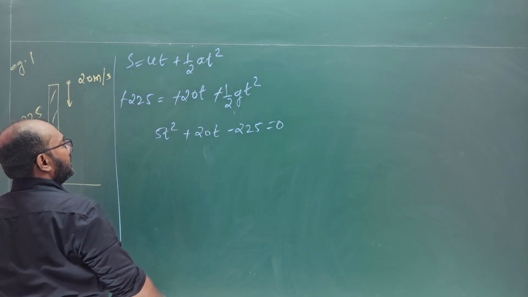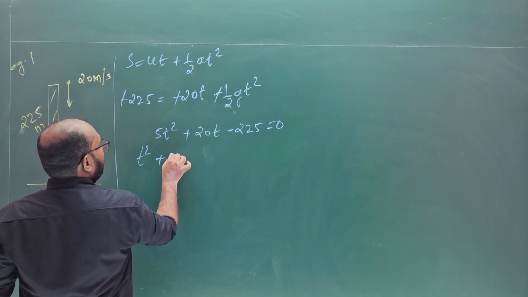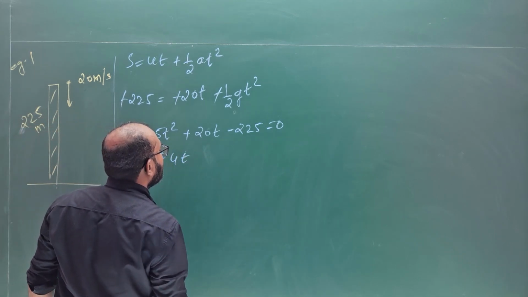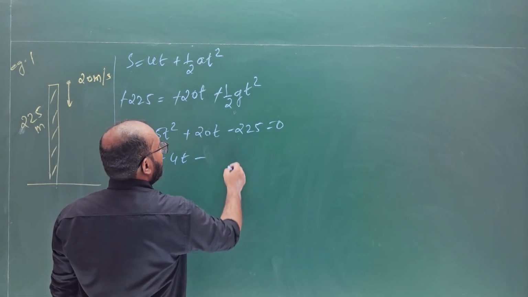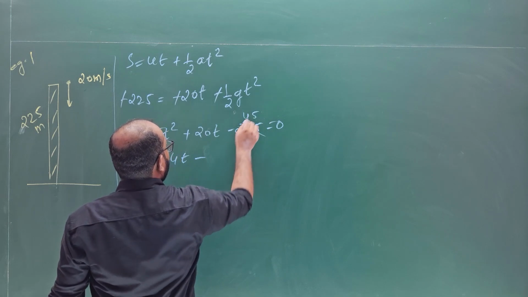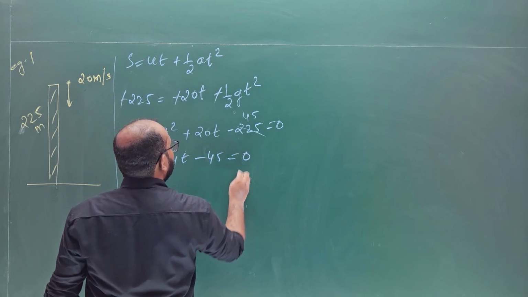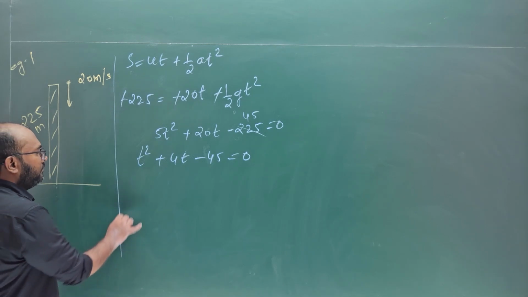Can I take 5 as common? Taking 5 as common, t square plus 4t minus, 5 ones are 5, 5 fours are 45, which equals 0. Now substituting in the quadratic equation and solving.